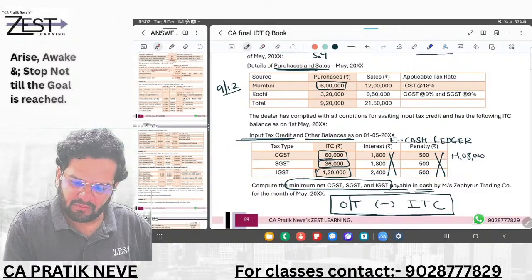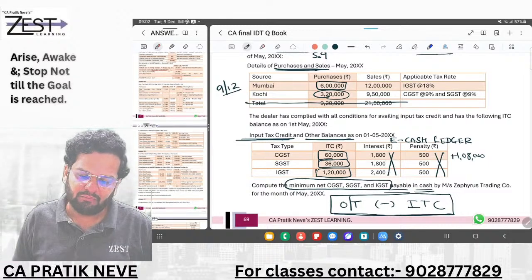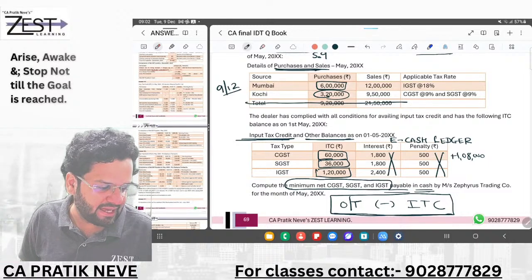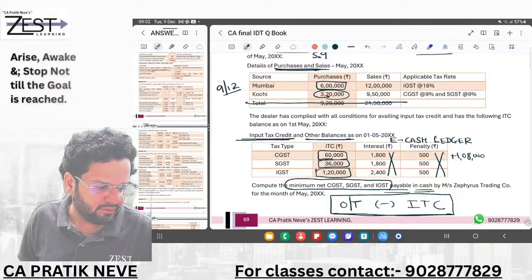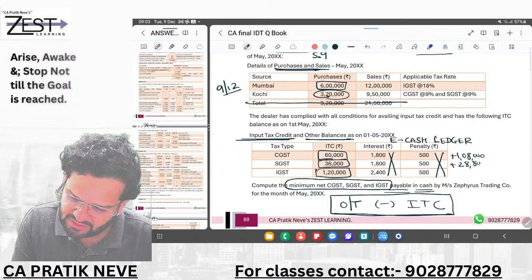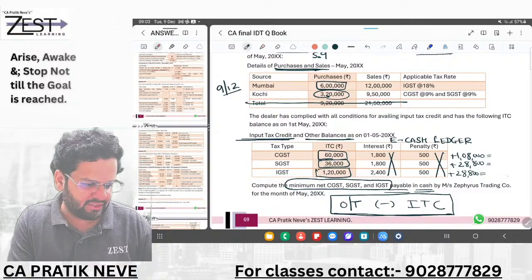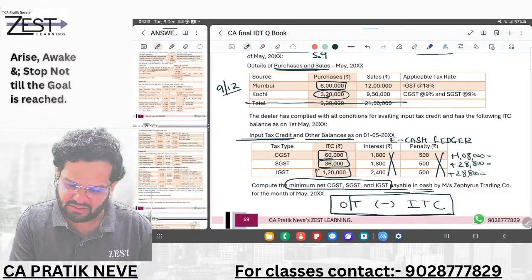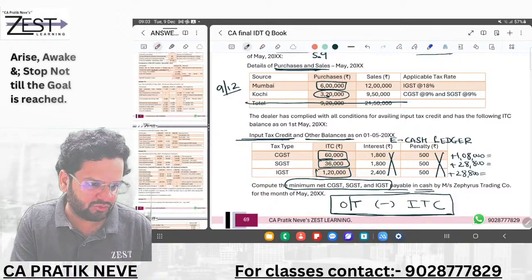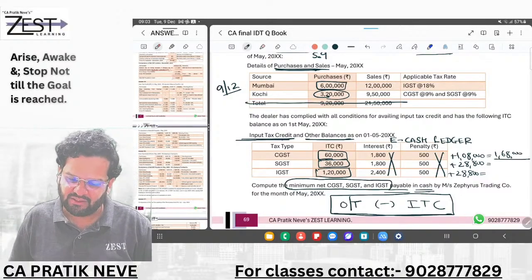And purchases in Kochi. Total to forget it. No need. Purchase in Kochi, so 3,20,000 into 9%. So isn't it 28,800? 28,800. Take total. So 60,000 plus 1,08,000, I am getting 1,68,000 of CGST.